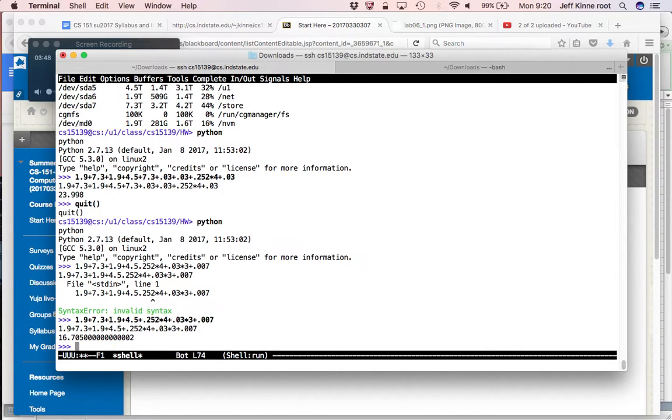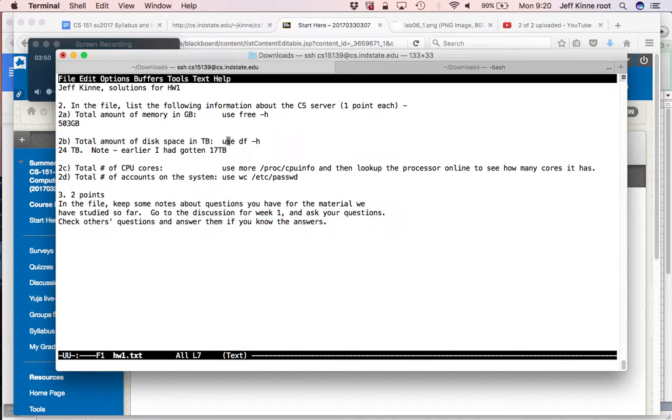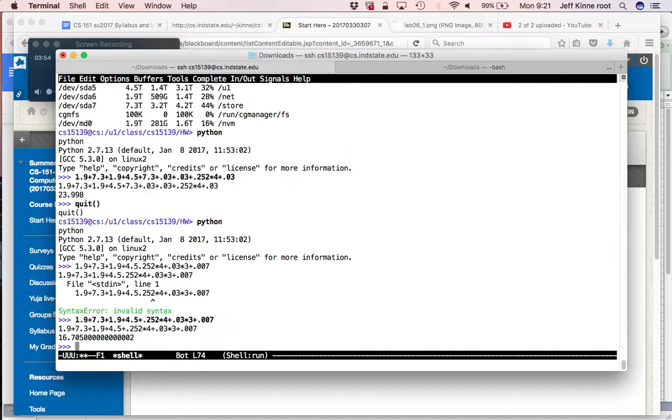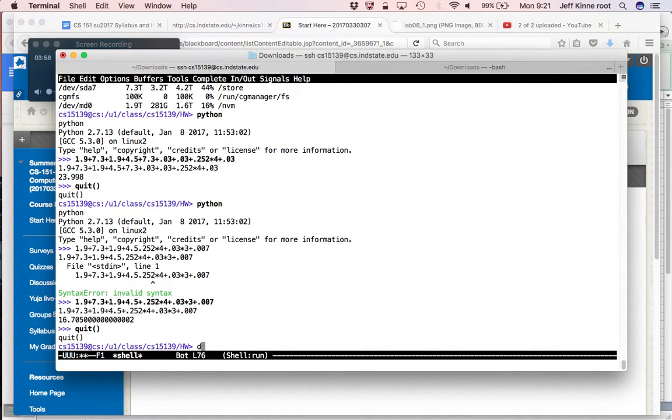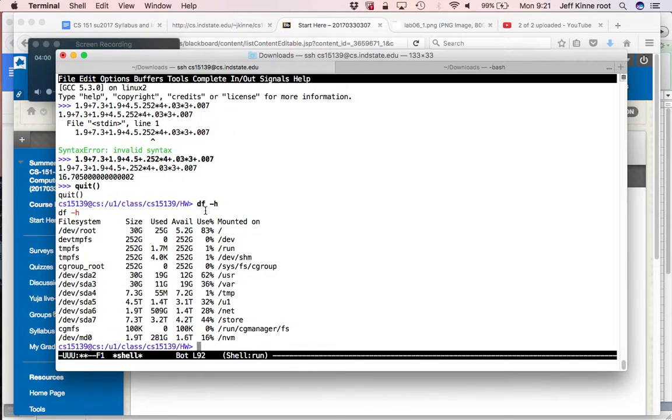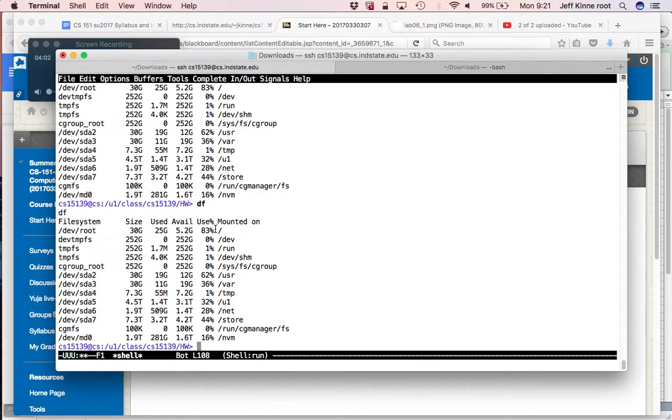Okay, now I'm getting 16.7. Sorry. So 16.7 terabytes. So if you had 16, I judged that as correct. So the -h says human readable. If I just did df, well, that's doing the human readable as well. Sometimes it won't show the G, it'll show like 30 billion, which is hard to read.